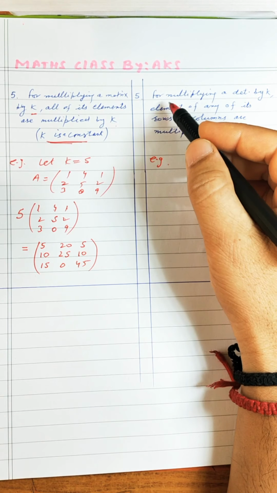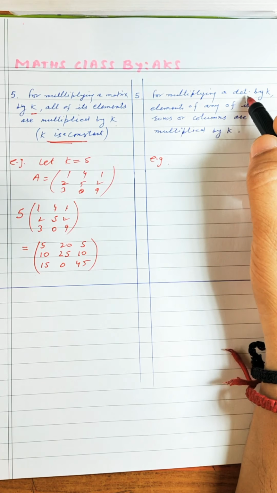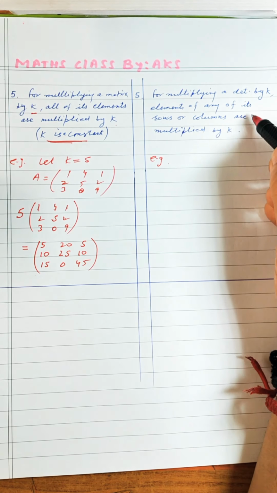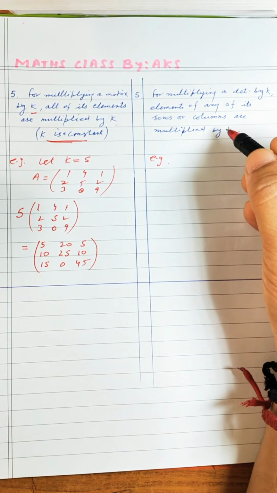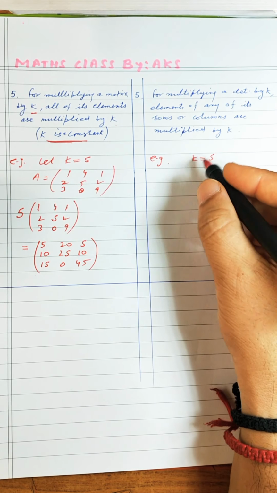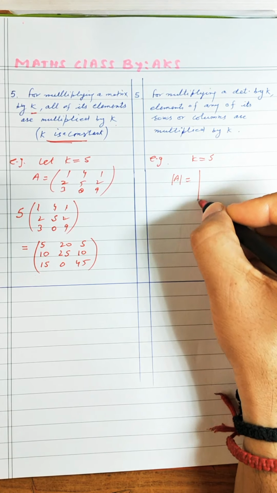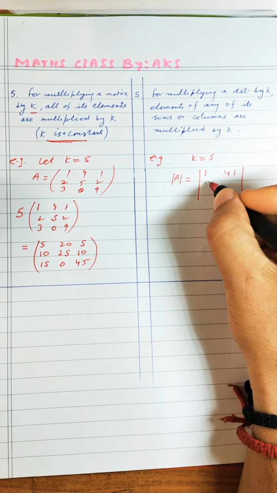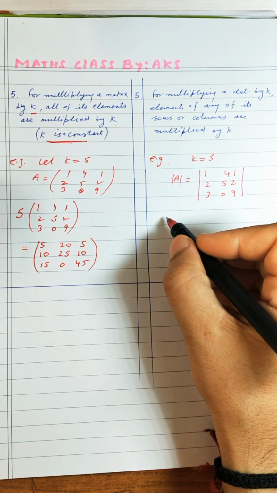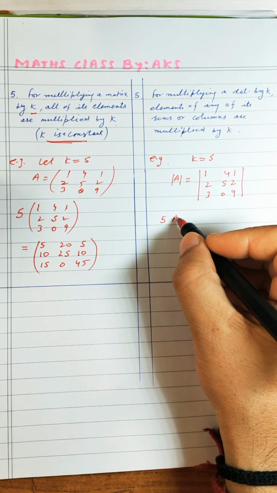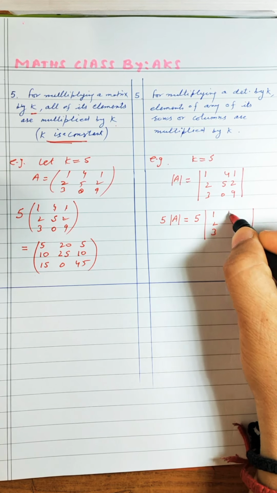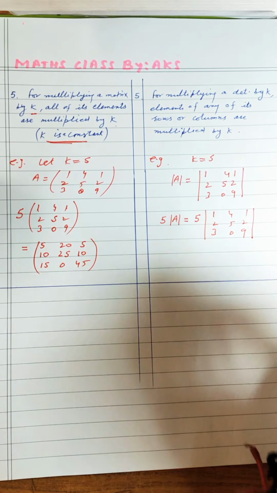And in case of a determinant, for multiplying a determinant by k, the elements of any one of its rows or columns are multiplied by k. For example, k is equal to 5 and the determinant is |1 4 1; 2 5 2; 3 0 9|.